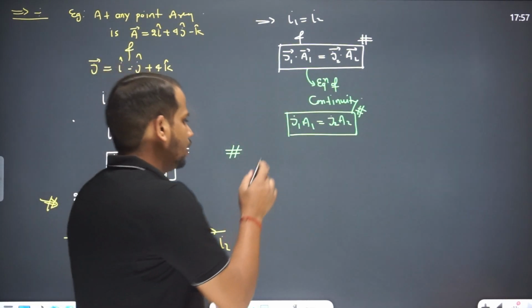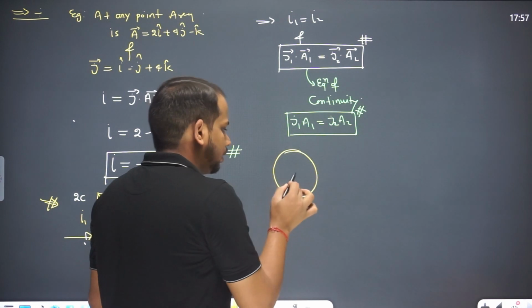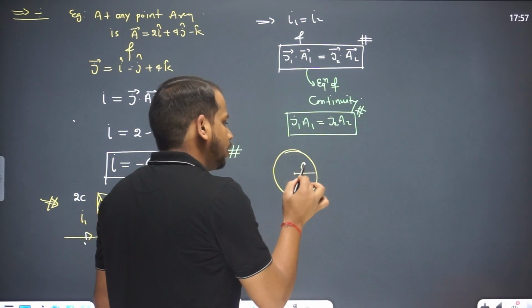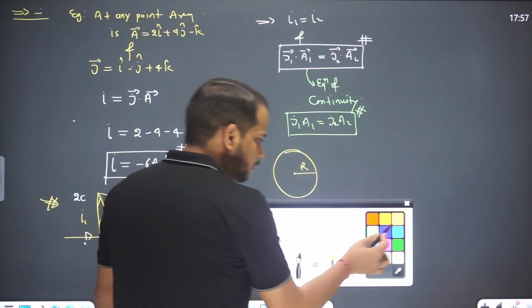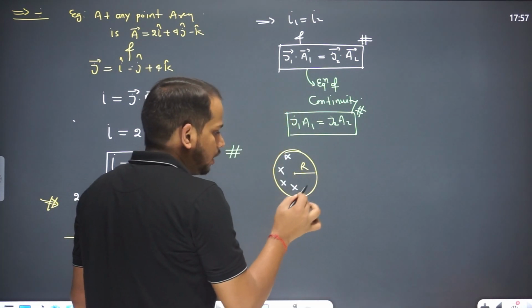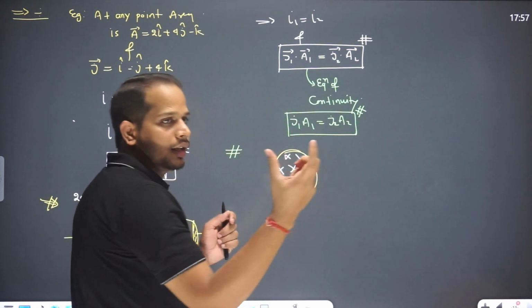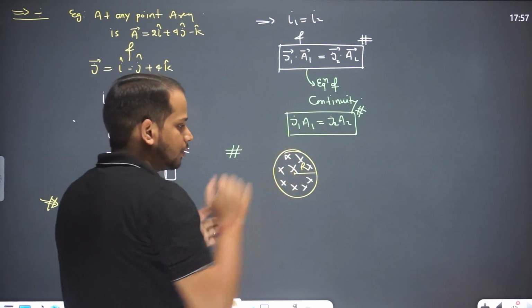Now let's see. If this is the area we have, and the radius of this one is R and the current I is flowing inside. I hope you can imagine this conductor. It's a cylindrical conductor and the current is moving inside.